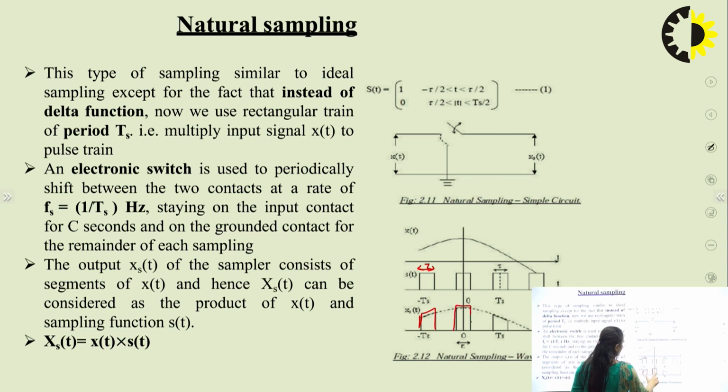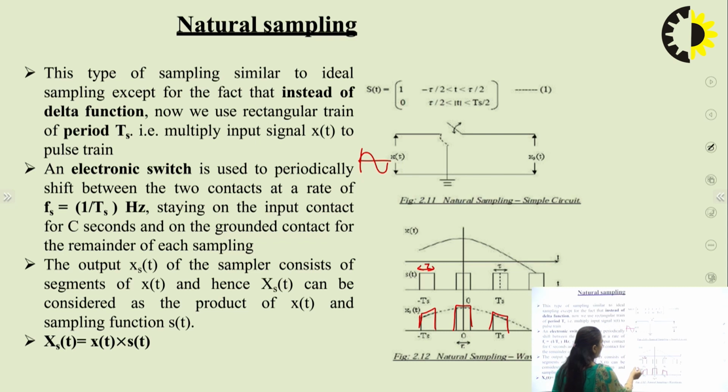This is a sampled version of the signal. And how can it be generated? It can be generated by a simple circuit in which we use one switch. Here we give our input signal. If your switch is closed, the same signal will appear at the output for the time interval for which your switch is closed. When your switch is open, the output will be 0.